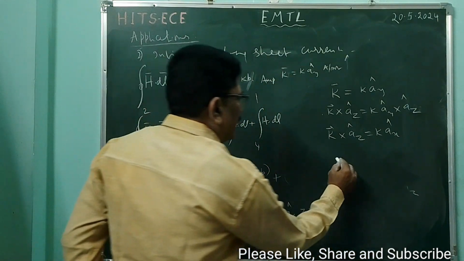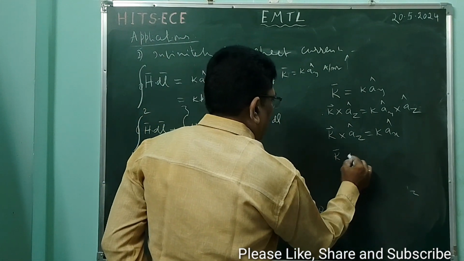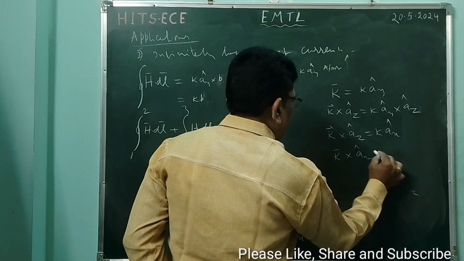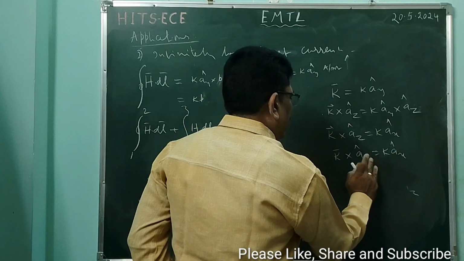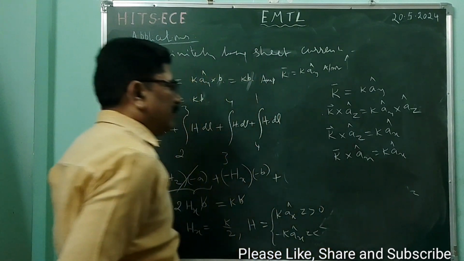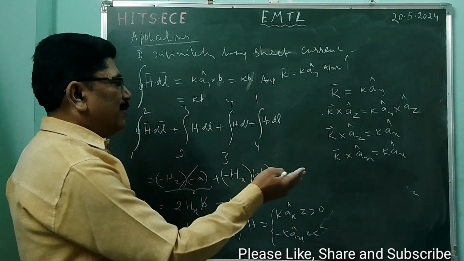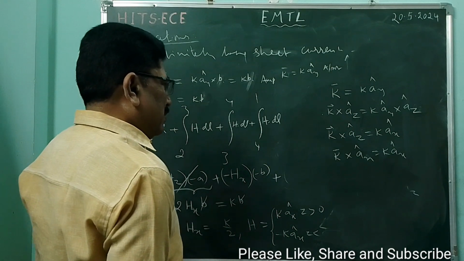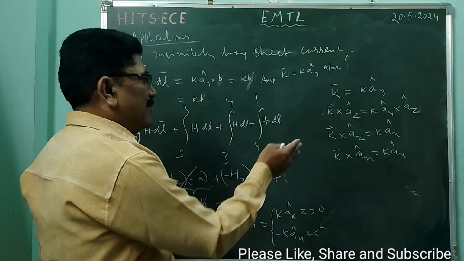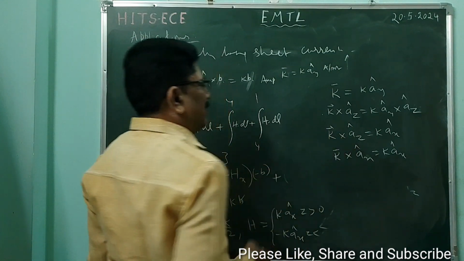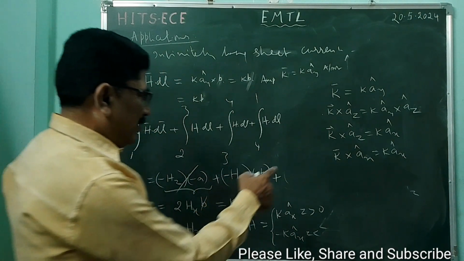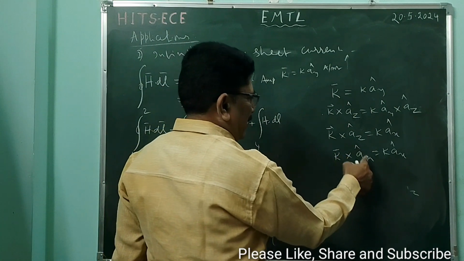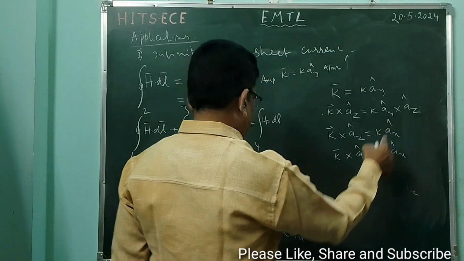So in general, K cross an cap is equal to K into ax cap. Z is normal to ax. Since it is in the direction of y axis, we got az cap. So it can be any other axis. So I have written K cross an cap is equal to K into ax cap.